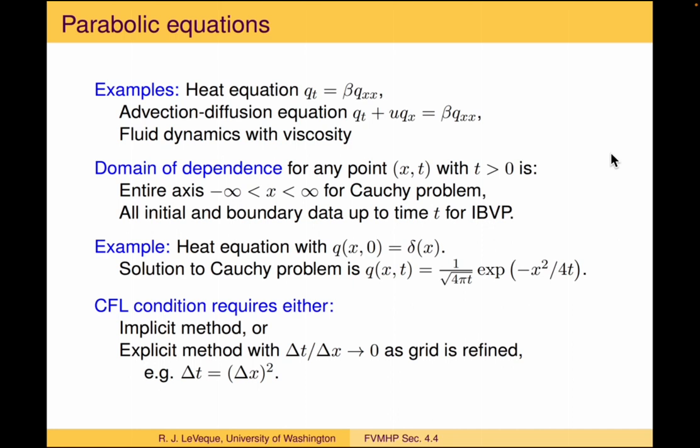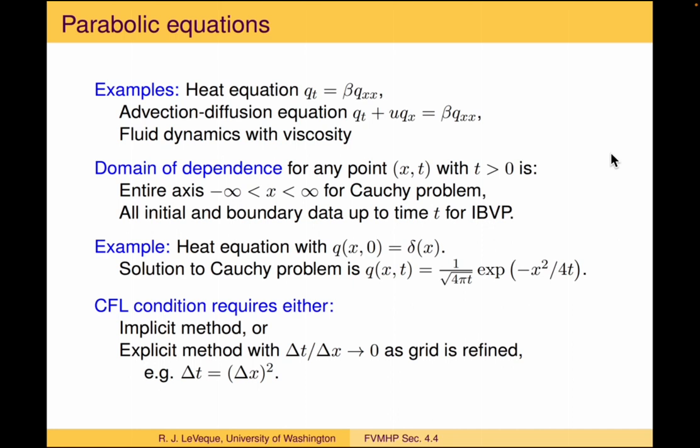Instead, you'd have to let delta t go to zero faster than delta x, so that as you refine the grid in space, you're adding more and more time steps, and then your domain of dependence would be finite for any particular grid, but as you refine further and further, that triangle would be spreading out more and more, and you'd eventually, in the limit at least, be covering all of the data that you need for the true solution.